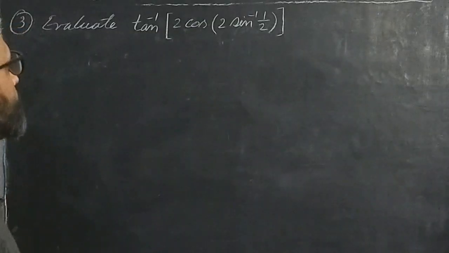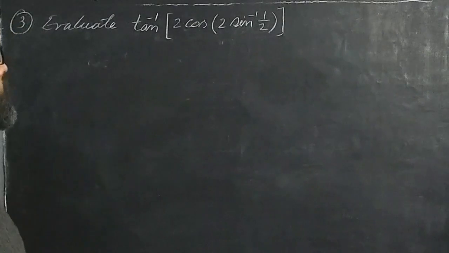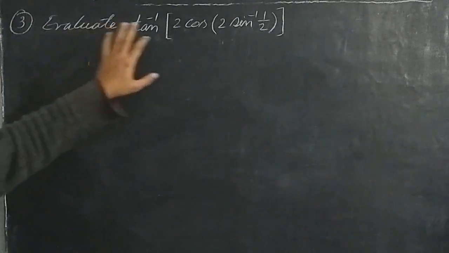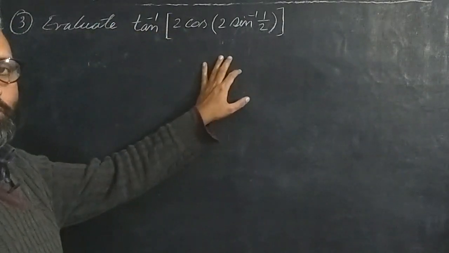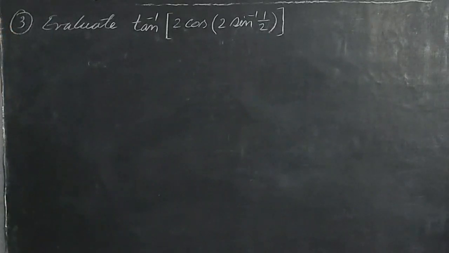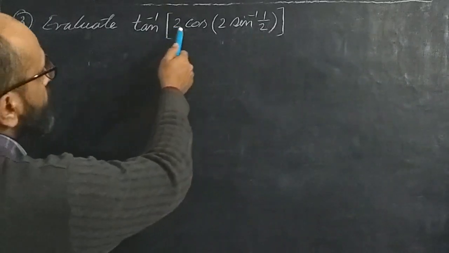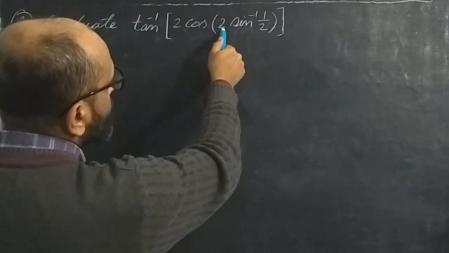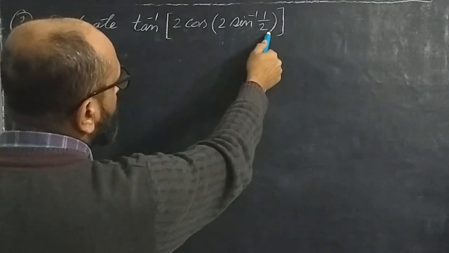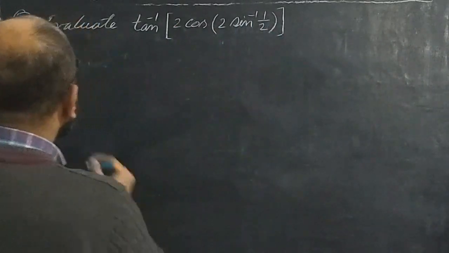Now here we arrived at our third kind of sum, which is evaluate a given expression in terms of inverse trigonometric function. So here we have to find the value of tan inverse 2 cos parenthesis 2 sine inverse half parenthesis closed square bracket closed.